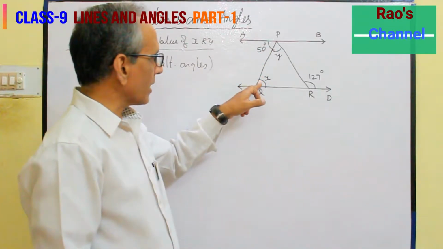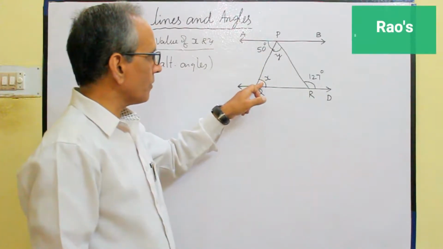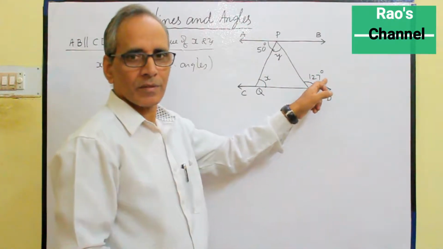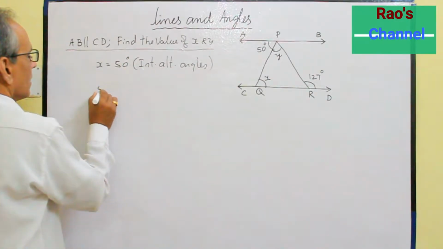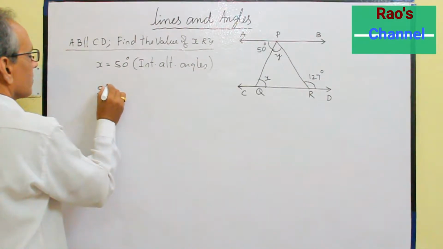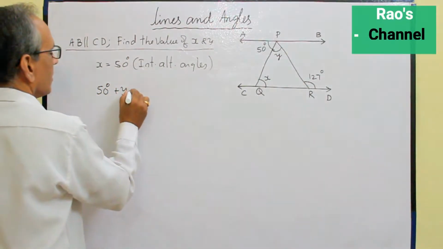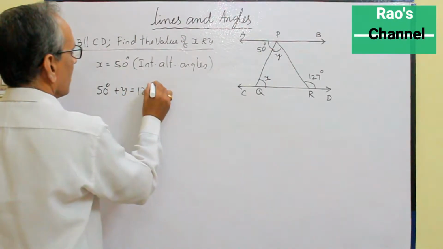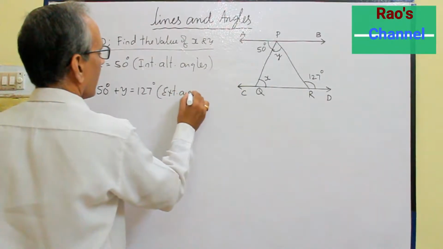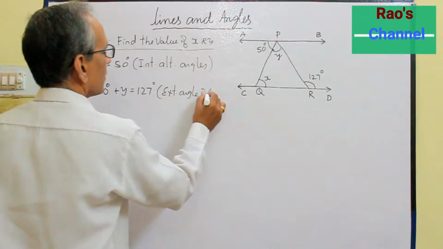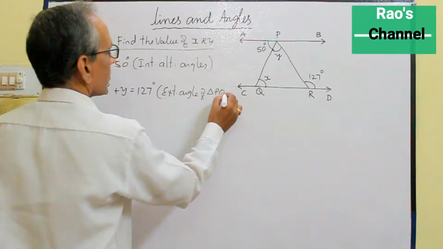So already we got x value 50. So 50 plus y is equal to 127. Here we write 50 degrees plus y is equal to 127, because of the exterior angle of triangle PQR.